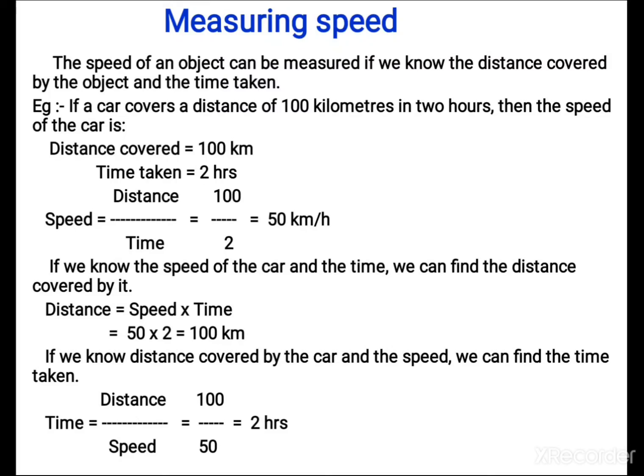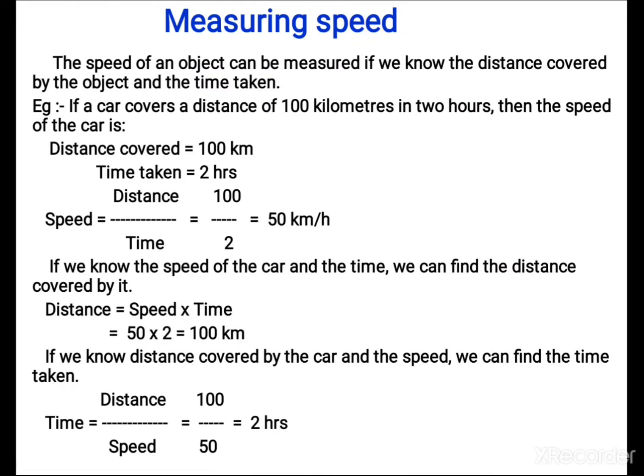kilometers per hour. If we know the speed of the car and the time, we can find the distance covered by it. Distance is equal to speed multiplied by time. 50 multiplied by 2 is equal to 100 kilometers.